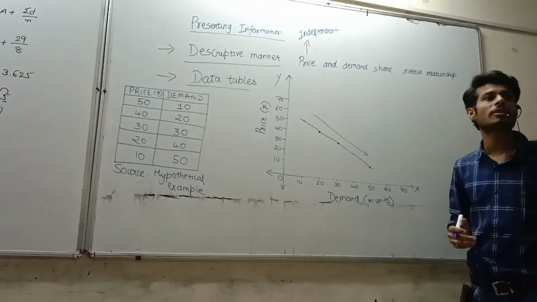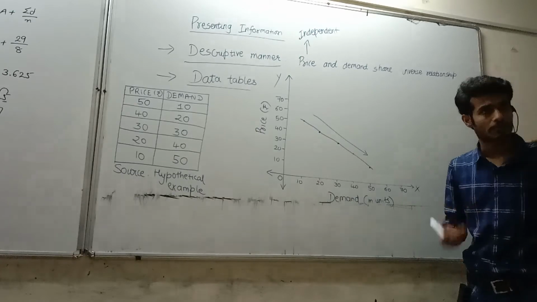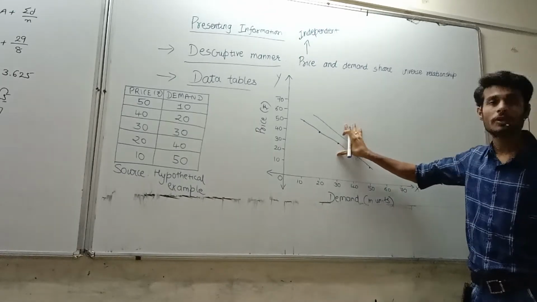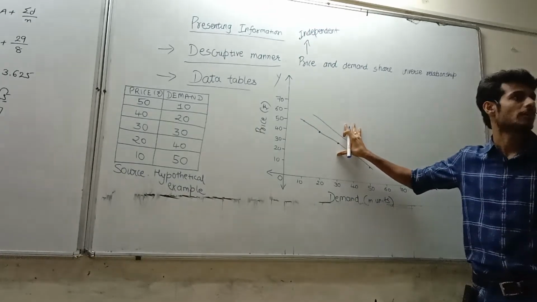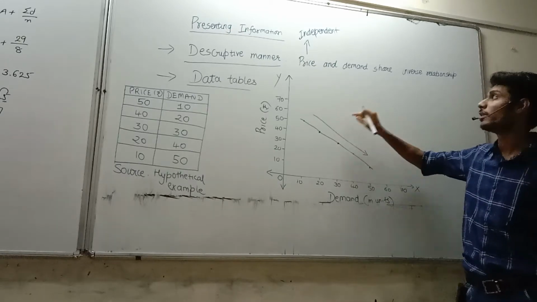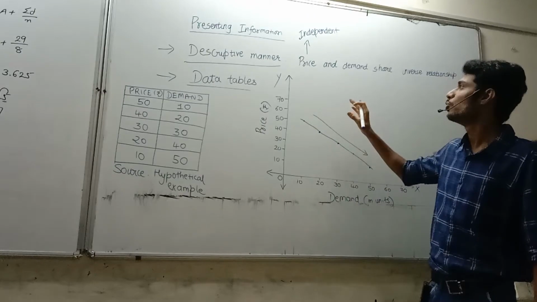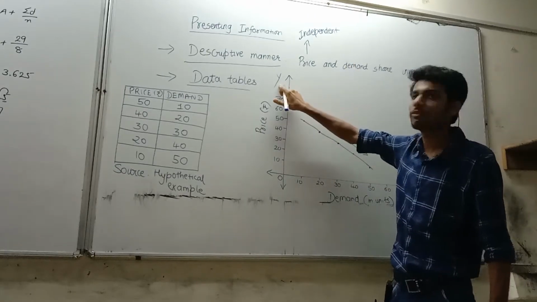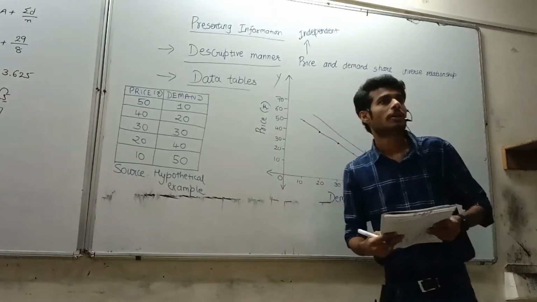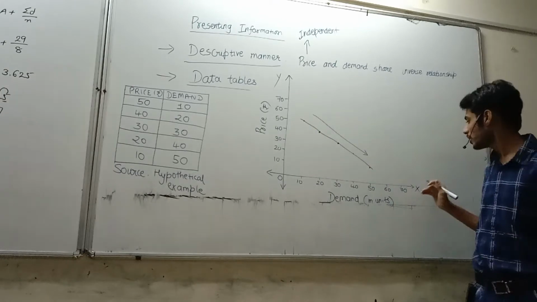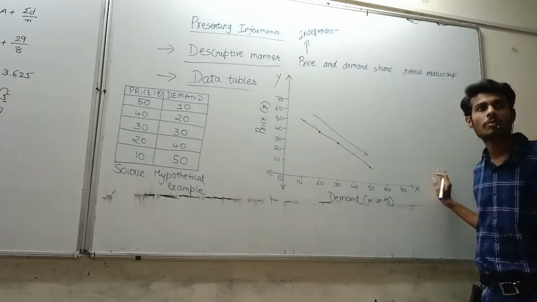But to explain the law of demand or law of supply, which you are going to study in the third chapter, you plot the independent variable on the y-axis. But generally, the independent variable is plotted on the x-axis.